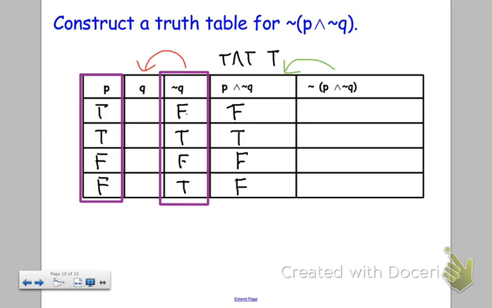So my fourth column, which read false, true, false, false, I'm going to negate that whole column and do the opposites. So I'm going to have true, false, true, true. So the very final column, my final result, that negate P and not Q, is going to read true, false, true, true.